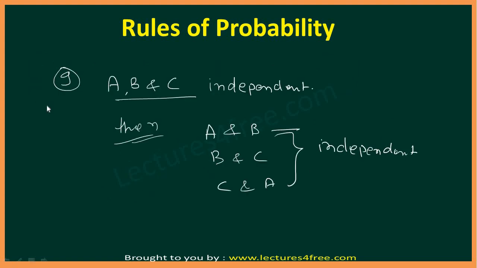So for independent events we multiply the individual probabilities. Here I am saying probability of getting odd and probability of getting even. Whenever I say and, we multiply these two probabilities.